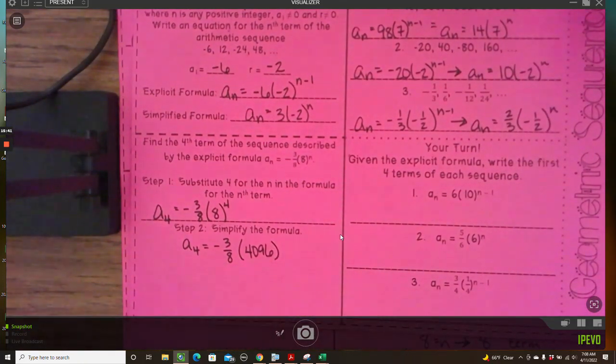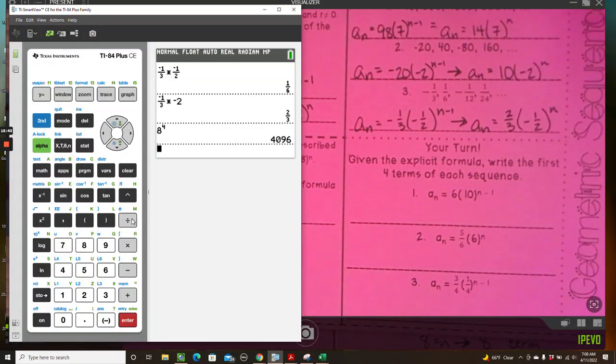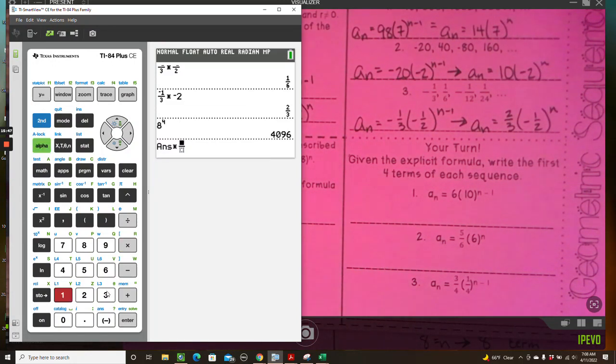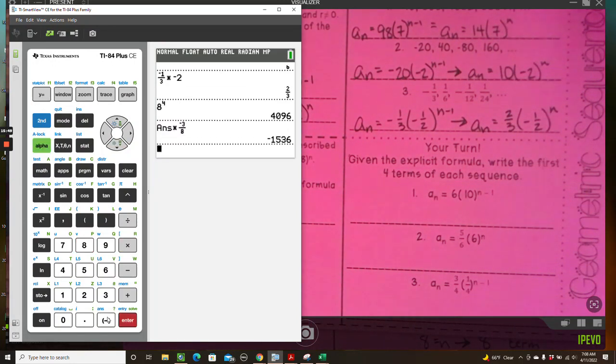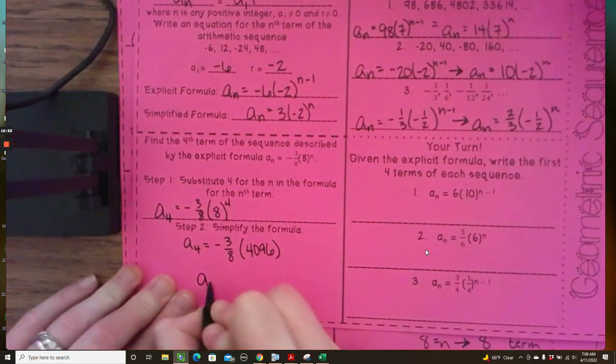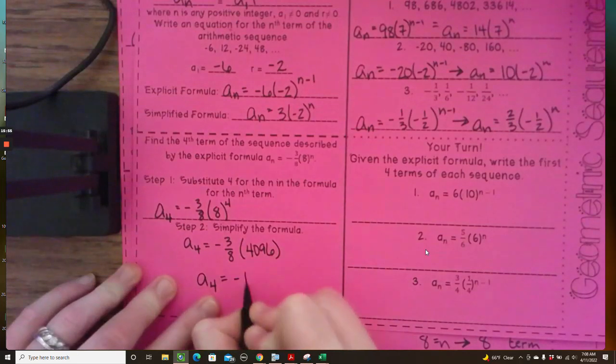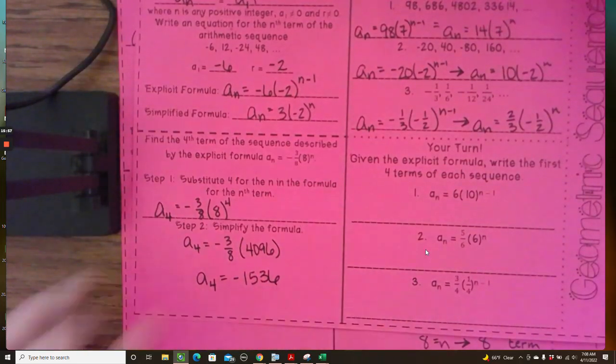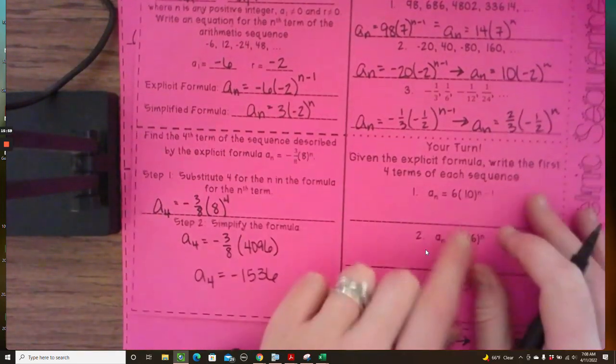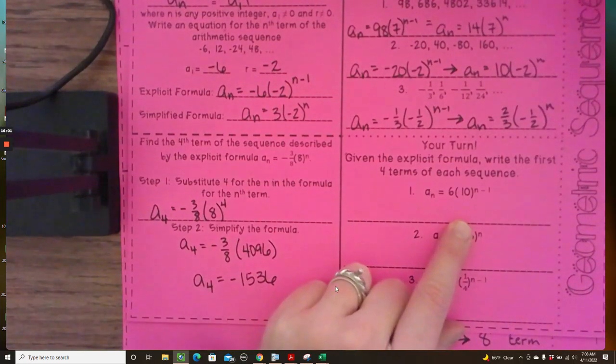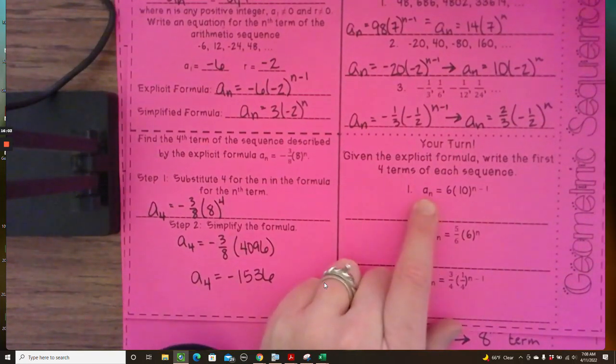And then if I multiply that by -3/8, I get -1536. So the 4th term would be -1536.